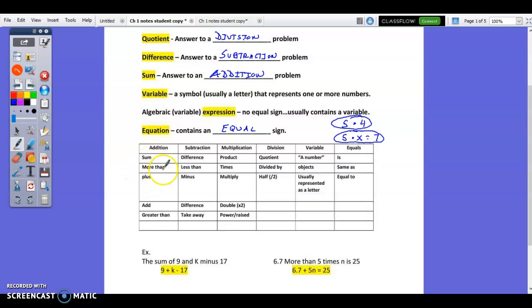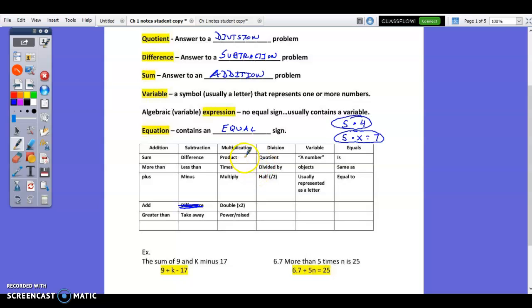It could be more than, so 5 more than 3 could be 3 plus 5. Plus is an obvious one. Add, if they're asking you to add together. Greater than, and greater than could also be inequality symbols too, but if it's 5 greater than 6, that could also mean addition. Some other ones for subtraction: difference, less than, minus, take away, and again, you can think of other ones, but these are some of the most common ones.